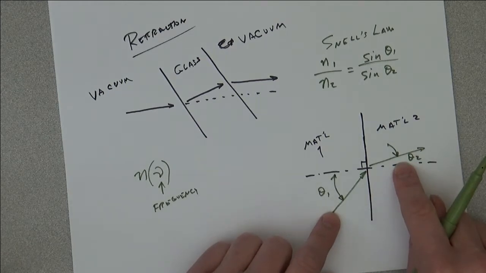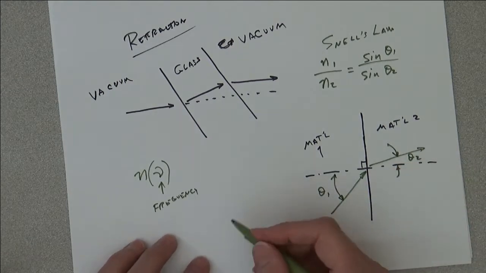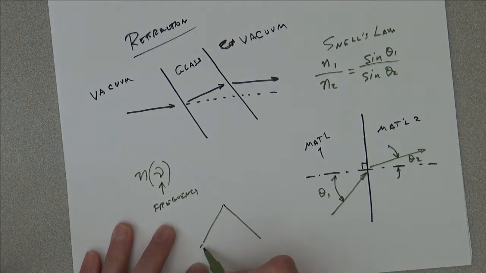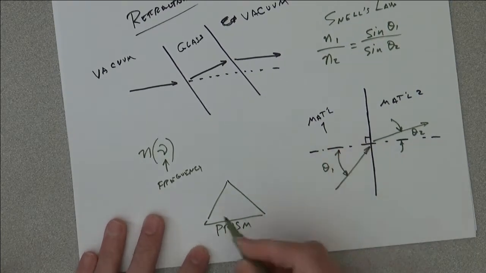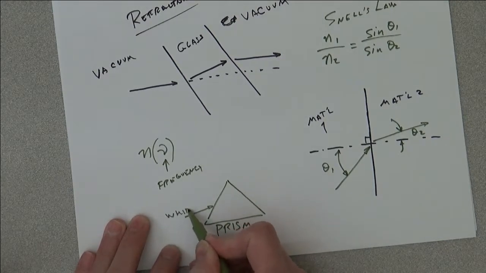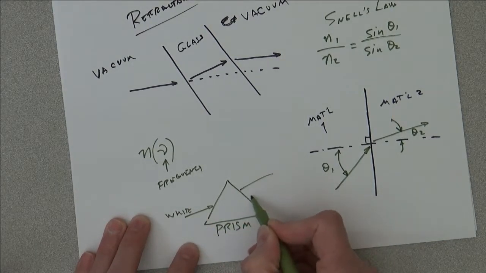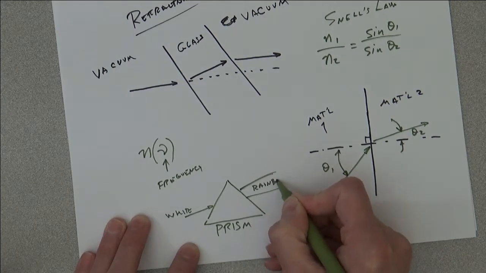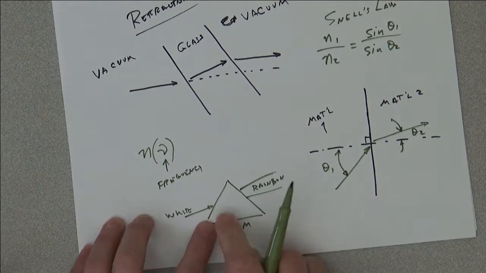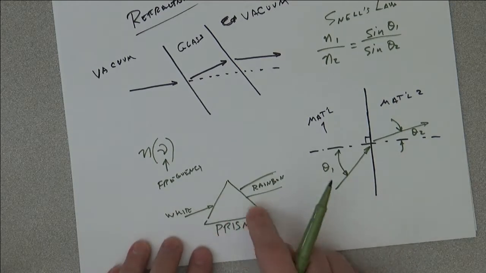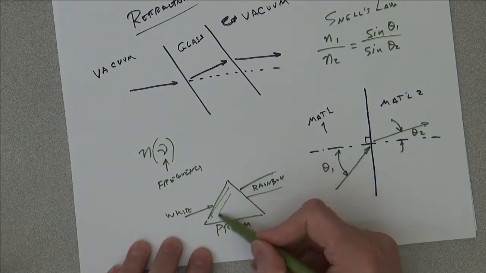And that's why if you have, say, a prism, some type of glass, you can send light in, and what's going to come out is going to be a rainbow, because they bent or were refracted to different angles as they passed through this glass prism.